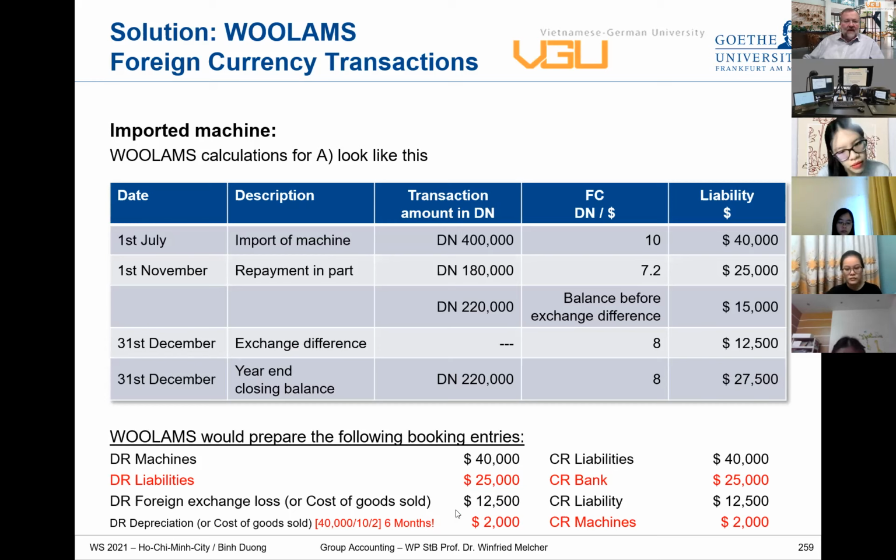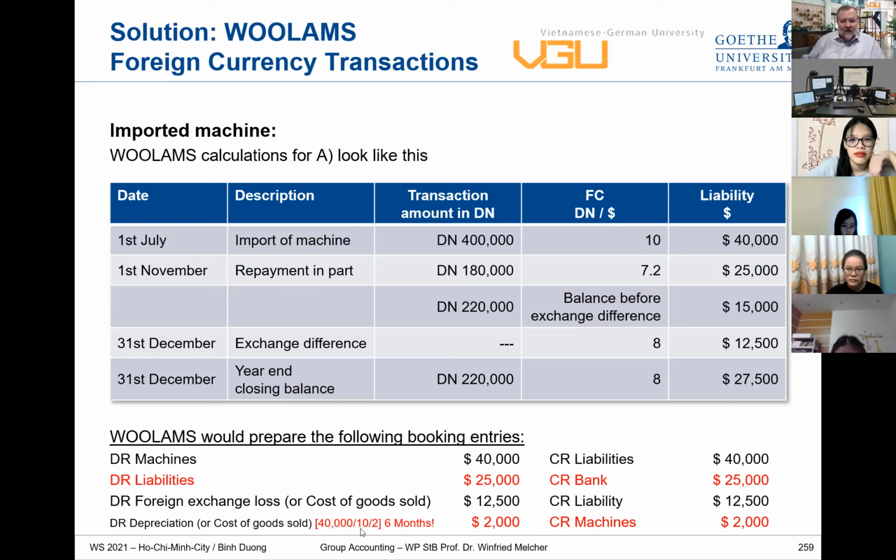And well, the fourth line, if you wondered what is this for, well, when we import a machine, of course, at the year end, we have to depreciate that, if we had not done that in a monthly balance sheet. So we have to do that at year end. And you were right when you said, well, it's only for 6 months. So we have to divide 40,000 by 10.